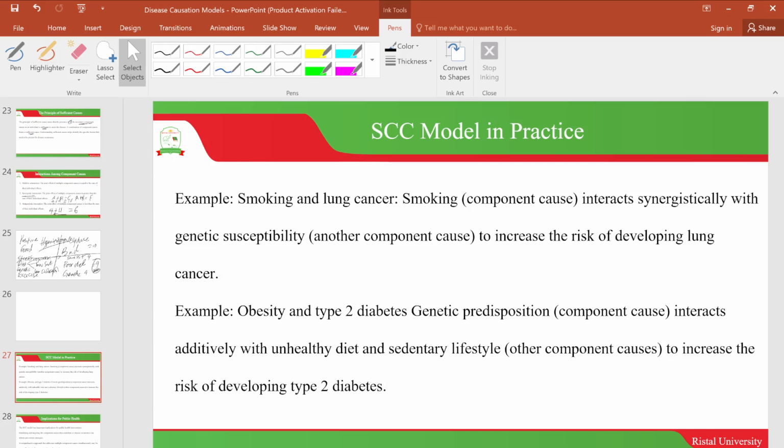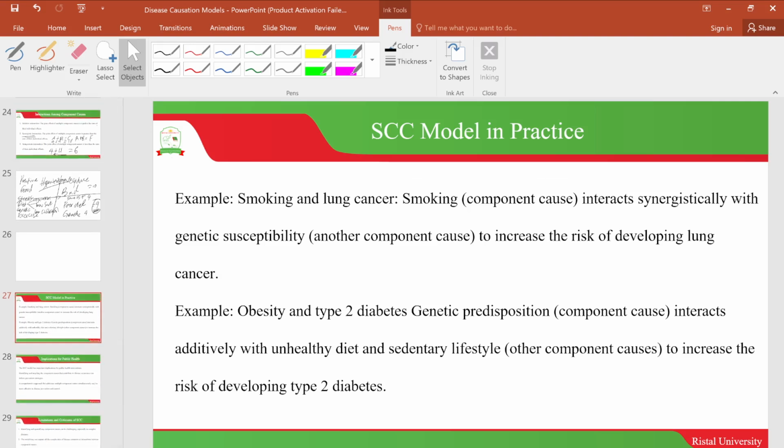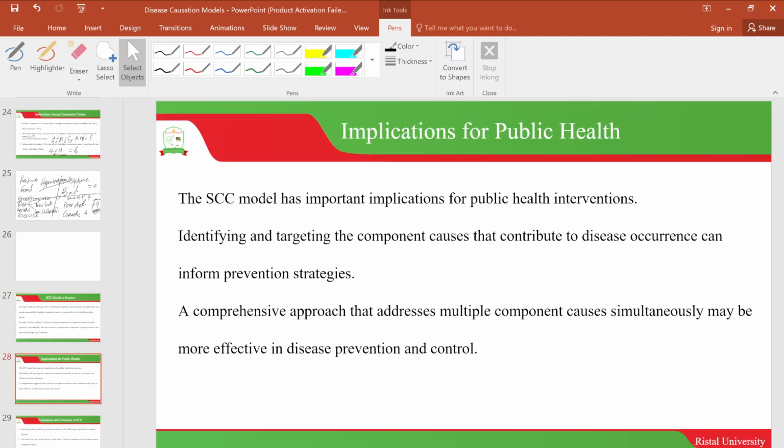A person who has obesity and type 2 diabetes genetic predisposition basically interacts additively with the unhealthy diet, and this will really increase their likelihood of developing type 2 diabetes. So that is very key. It has very important implications.